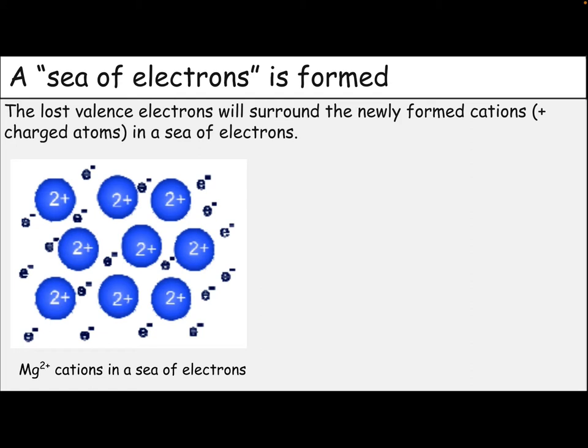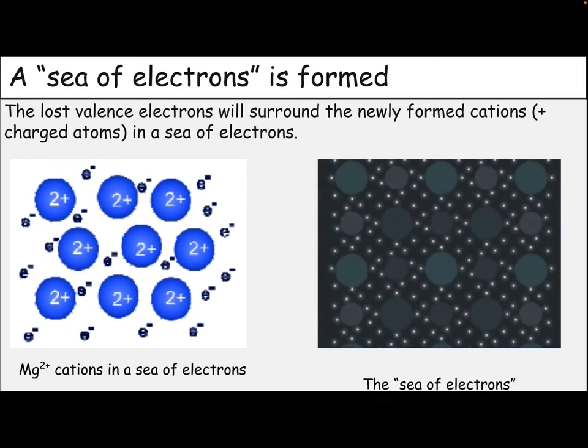But let's say, for example, we have an amount of magnesium, okay? So this is a look into these atoms, okay? All of these magnesium atoms have lost 2 valence electrons in order to have a full valence shell underneath. These electrons that they lost will end up surrounding these magnesium cations, almost in a sea of electrons. That's why we call it the sea of electrons.